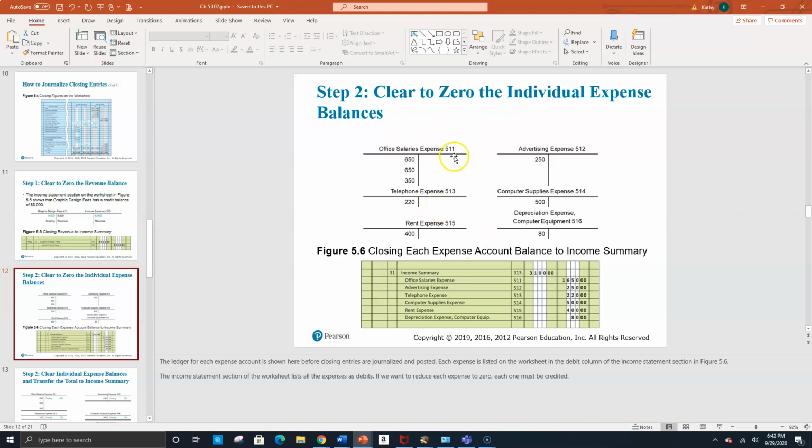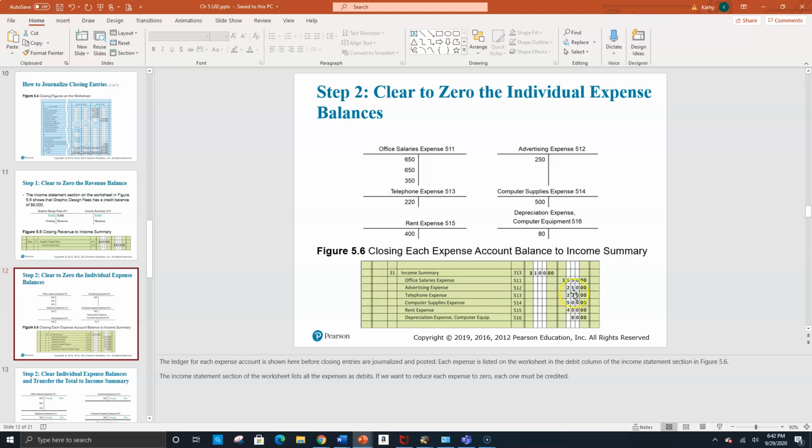Our second step is you've got these expense accounts. You've got office salaries expense, telephone expense, rent expense, advertising expense, computer supplies expense, and depreciation expense. Expenses, the normal balance is a debit balance. So we're going to credit all these expenses and close those to income summary. So we have our office salaries expense. We're crediting $1,650, which is the sum of $650, $650, and $350.